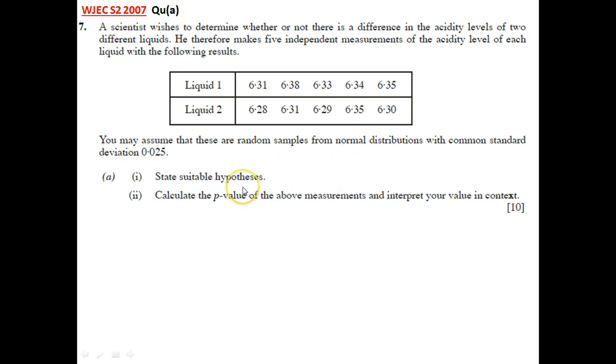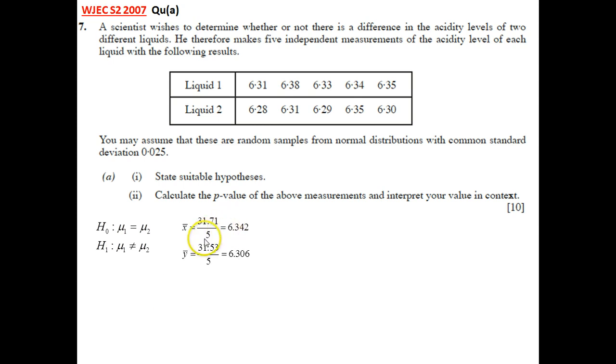So we want to state a suitable hypothesis and calculate the p-value and interpret our value in context. He wants to know whether or not there is a difference, so it's a two-sided significance test: either the means are equal, or they are not equal.